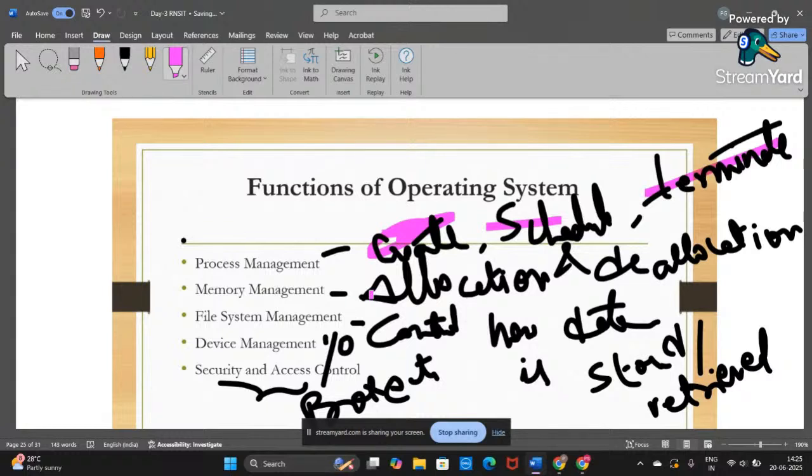File system management means controlling how the data is stored or retrieved. Device management means managing input and output devices through device drivers. Security and access control means protecting data and system resources.